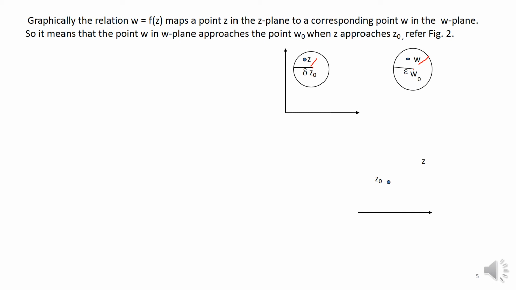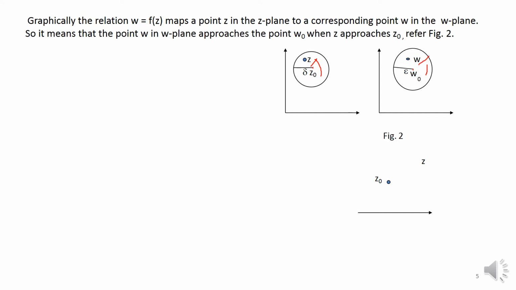This is the point here, w0, and this is the point z0. So w approaches w0 when z approaches z0. This is the condition, and we can see here a closed circle around w0 as well as around z0, and the radii are epsilon and delta respectively.